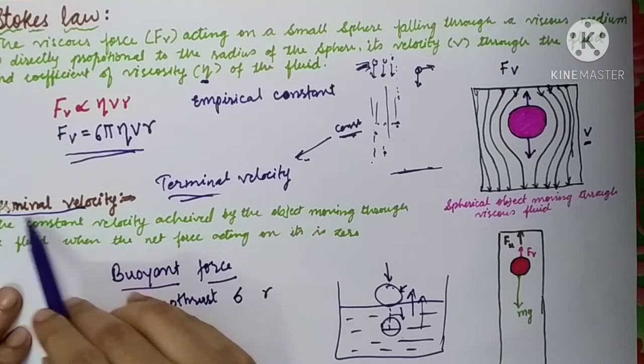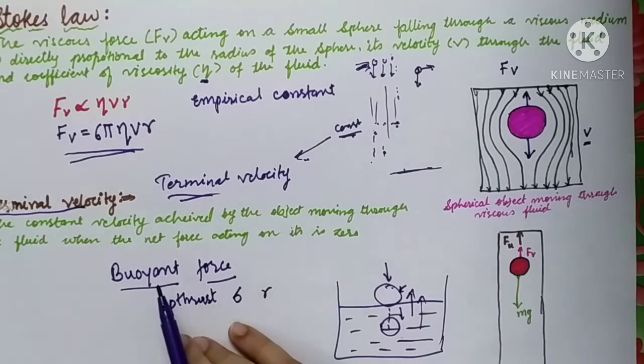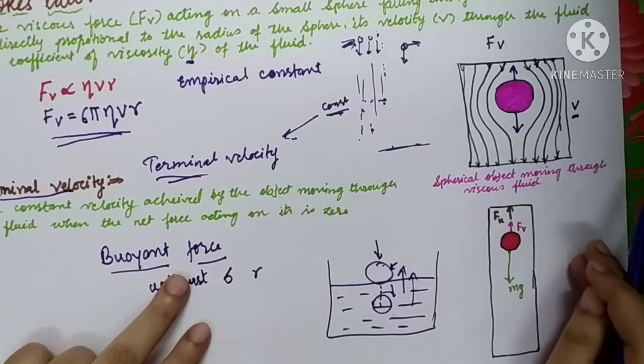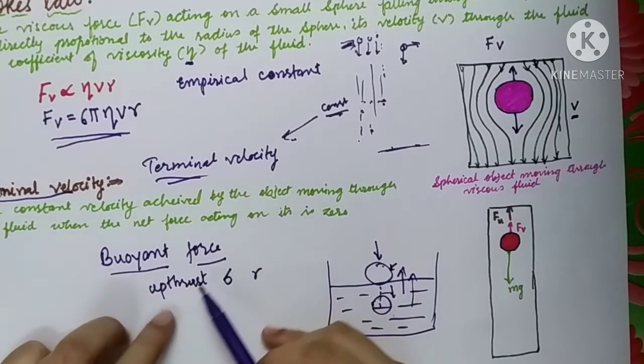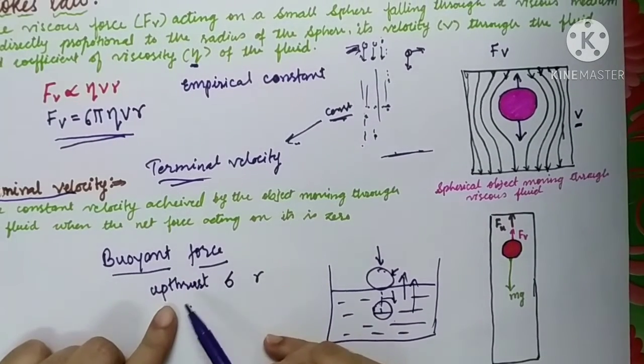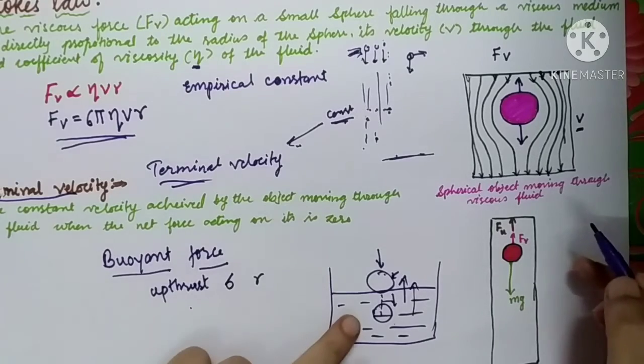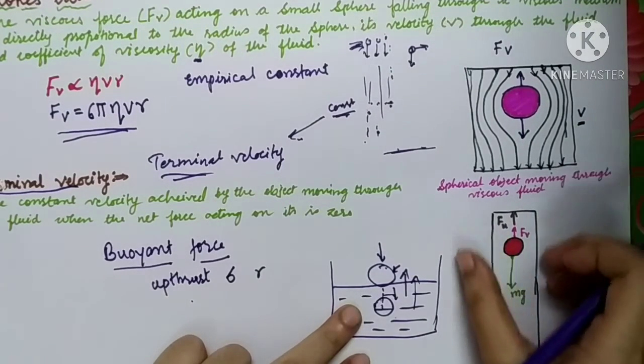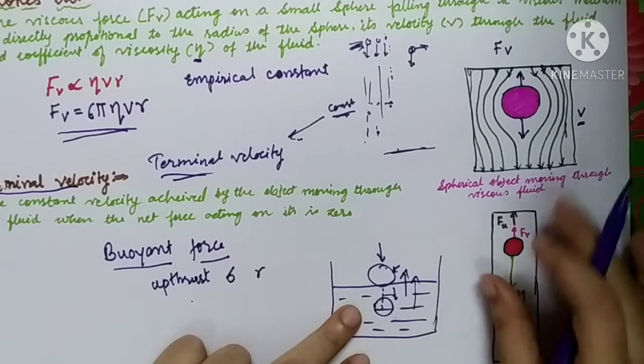Now let's talk about the terminal velocity. Again, let us consider the same example. Buoyant force is understood. Buoyant force is also called upthrust force. Here we have taken a container which is filled with a viscous fluid, which is not shown.